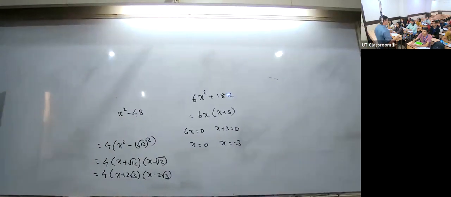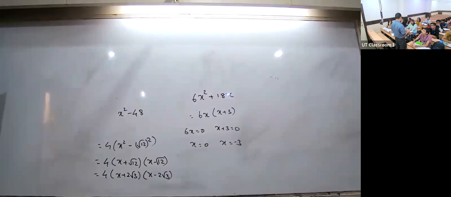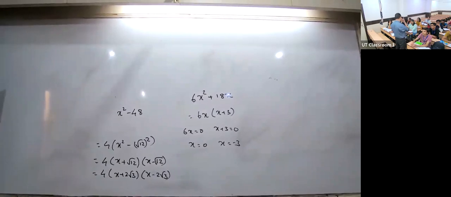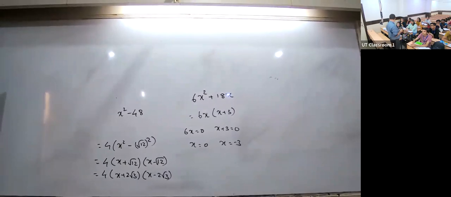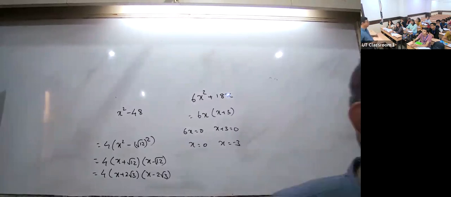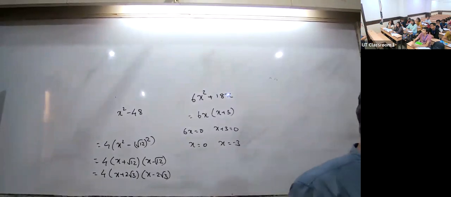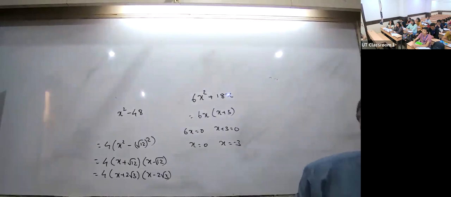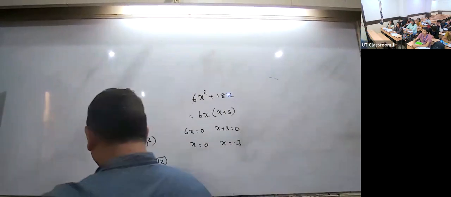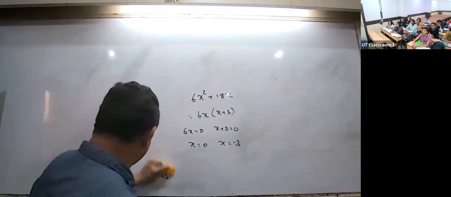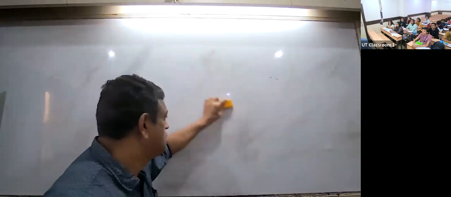Root 48, 48 can be written as what into what? 16 into 3, no? So root of 16 is equal to 4, so 4 root 3. You have to see, think and do. Not followed, all of you? No problem. Those are the questions we are going to do. These factorizations, I hope all of you followed.